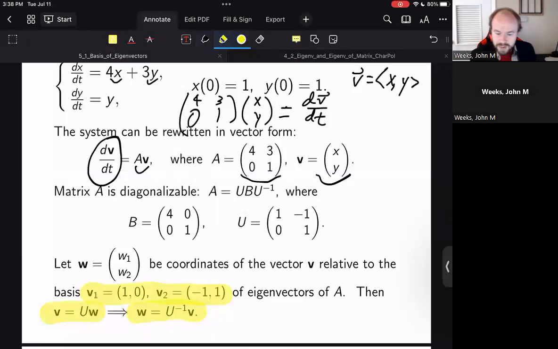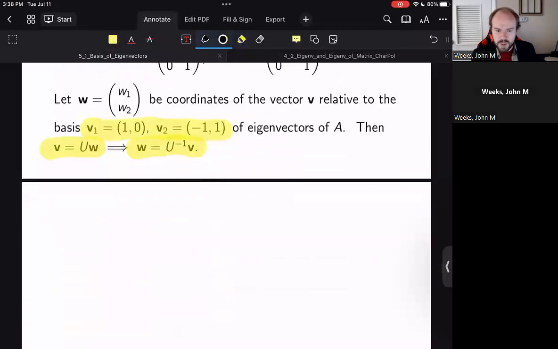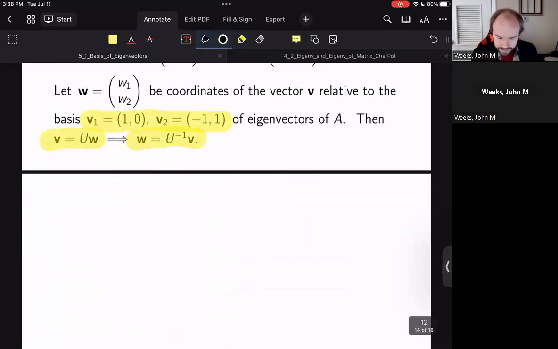Our variables now are no longer going to be x and y. We're going to try to solve for w1 and w2. Let's see how this map is going to go. We're going to have things with respect to our original basis. Let's call this R2, and I'm going to specify what vector elements I'm looking at right here.